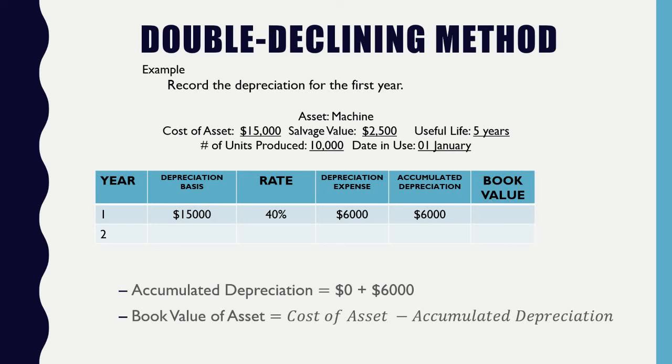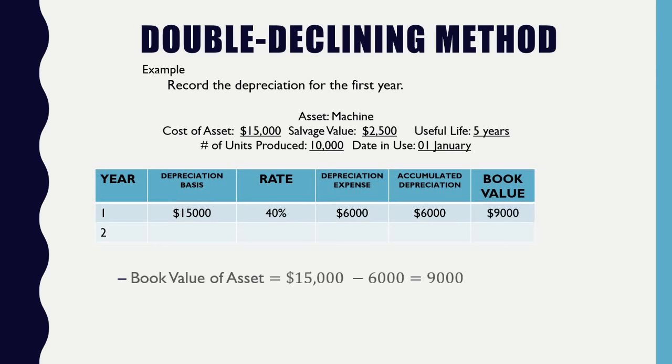That would be the cost of the asset minus the accumulated depreciation, which would be 9,000. So that means at the end of the first year, the book value is now determined as $9,000. Okay? So now that I have this piece of information, right?